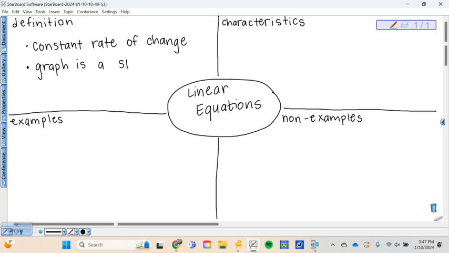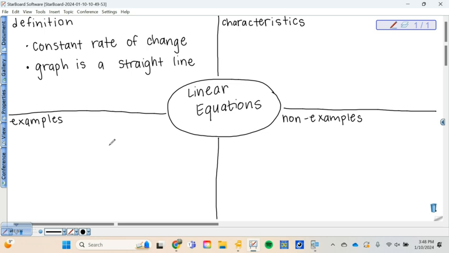Graph is a straight line. So under characteristics, let's put our different forms of linear equations.